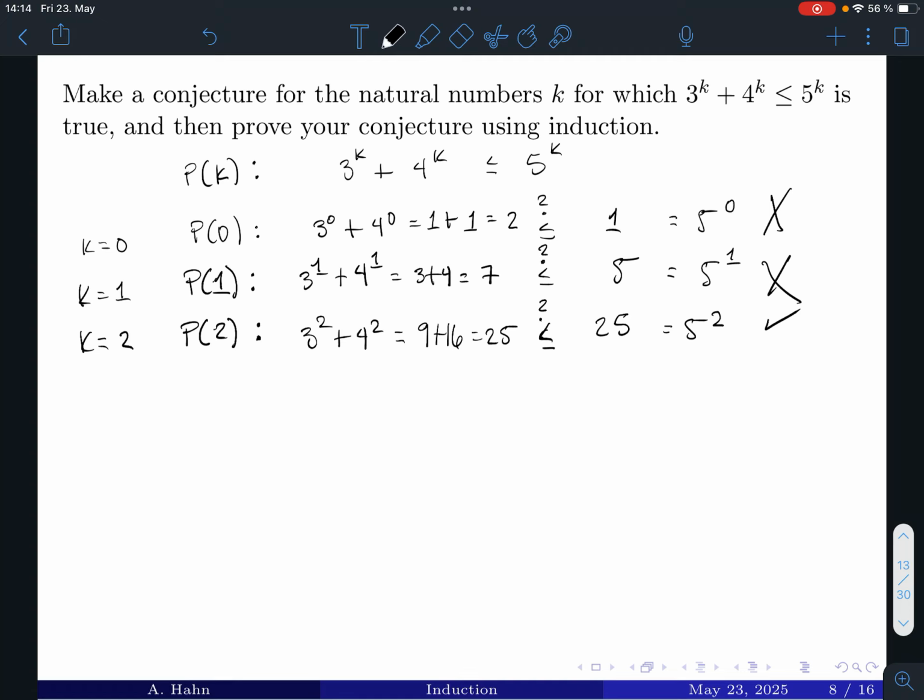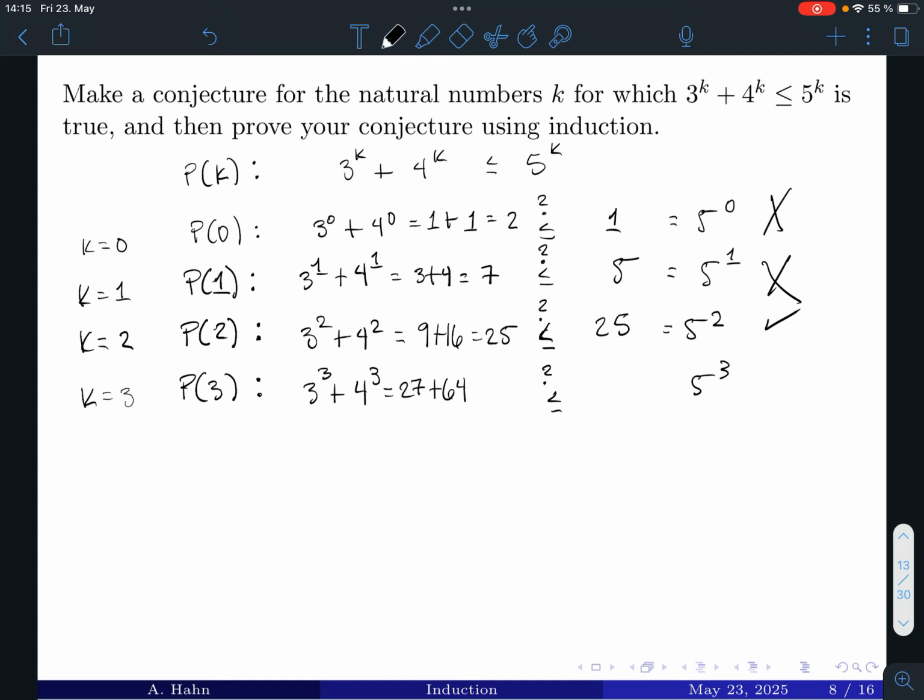And let's try maybe one more. Let's do k is equal to 3. So this is the claim that 3 cubed plus 4 cubed is less than or equal to, question mark, 5 cubed. So 3 cubed is 27. 4 cubed is 64.